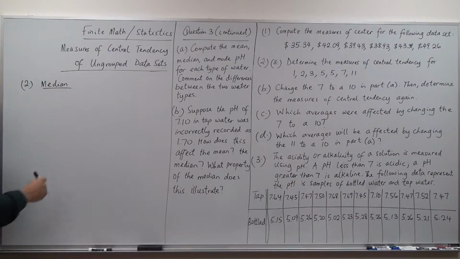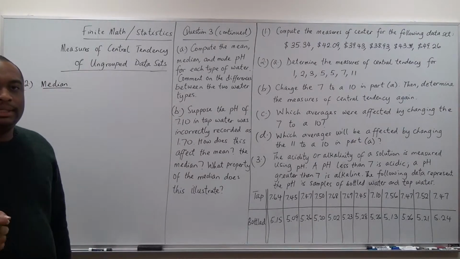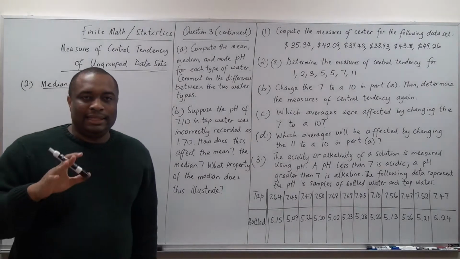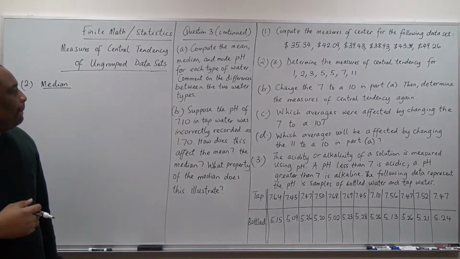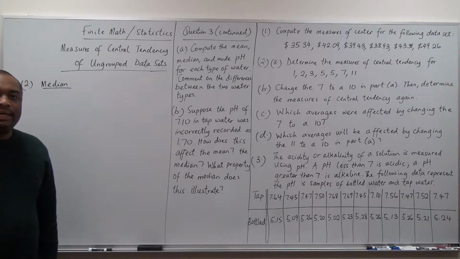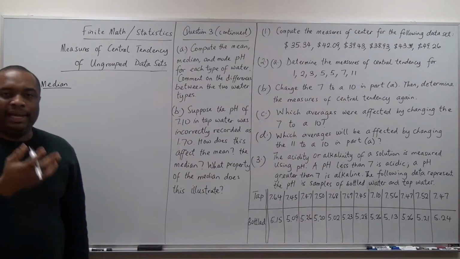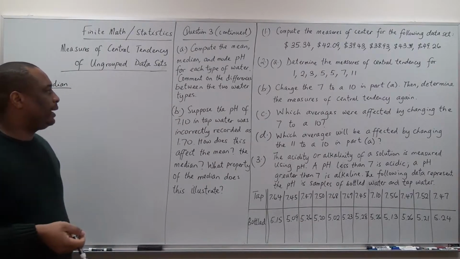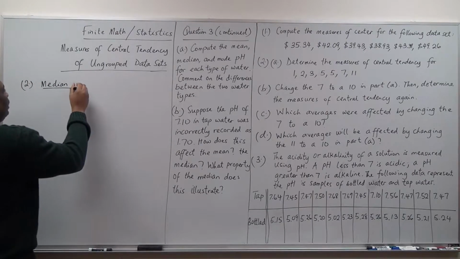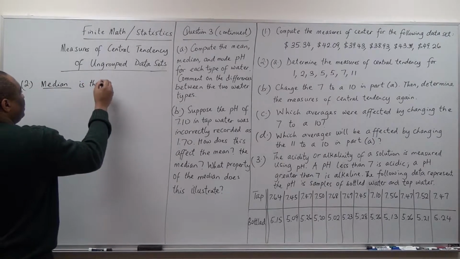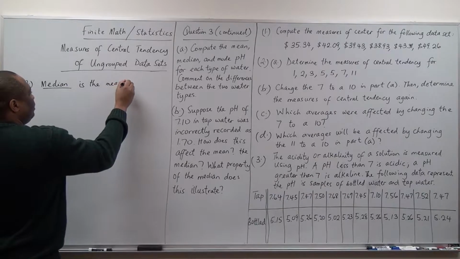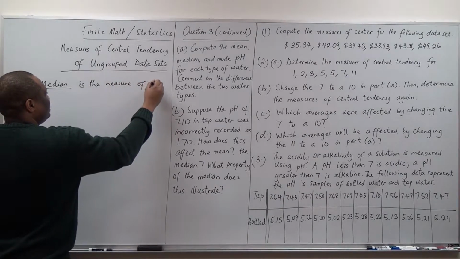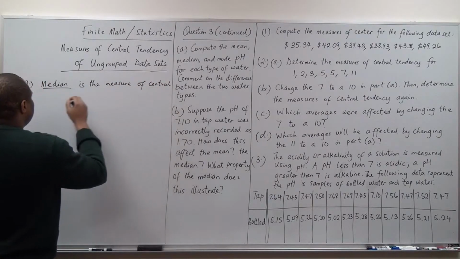Now, the median is the measure of center, or measure of central tendency, that lies in the middle of a data set when that data set is arranged in either ascending order or descending order.